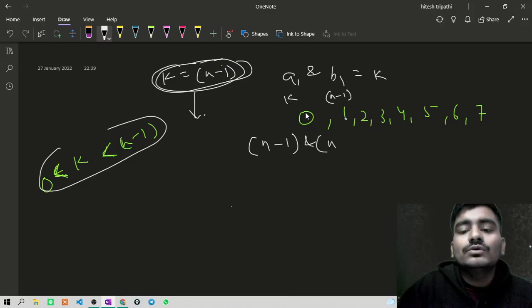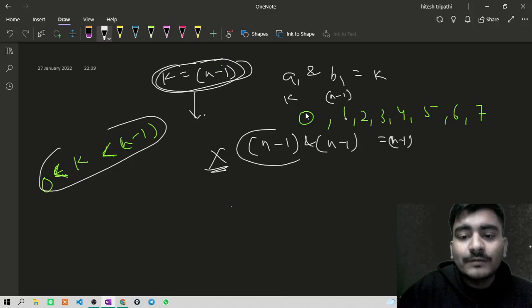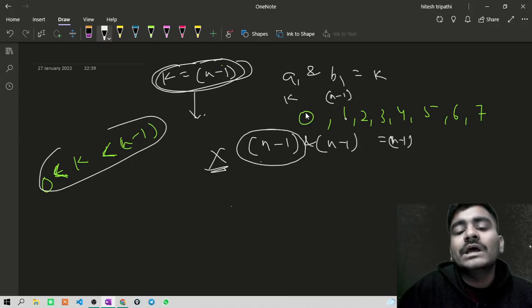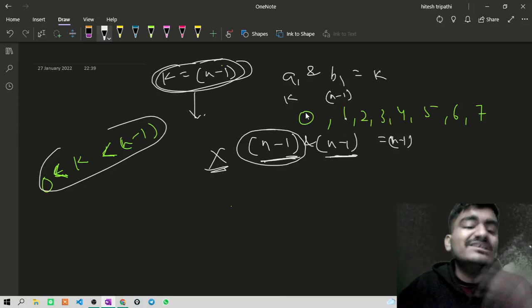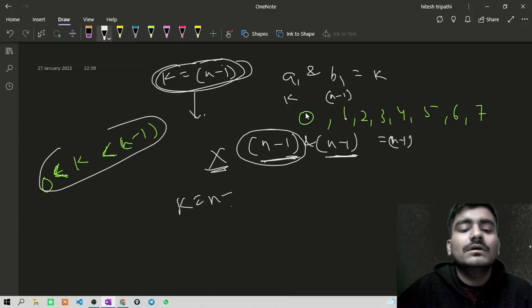I cannot do this. I cannot do this. This is wrong. Why? Because I can only use one number only one time, and here I am using n minus 1 two times. So in this way you can say that I have to separate the case when k is equal to n minus 1.